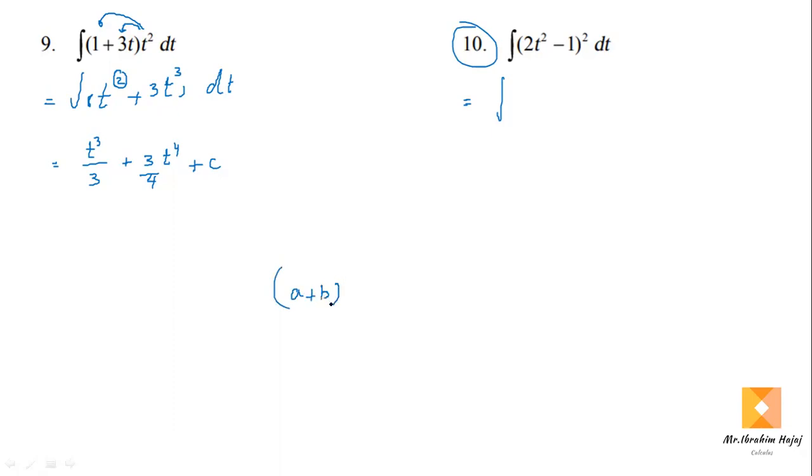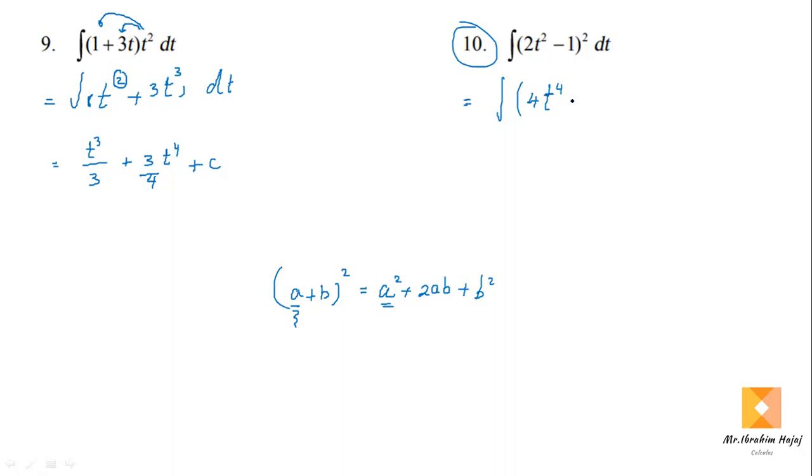The rule is (a plus b) squared equals a squared plus 2ab plus b squared, so square the first term completely, including the 2. So (2t squared) squared is 4t to the power of 4.